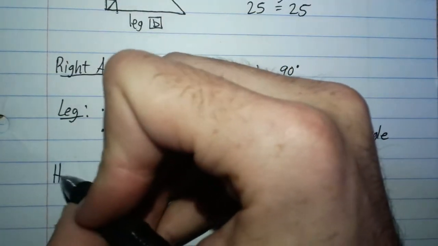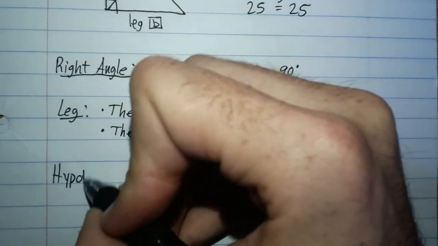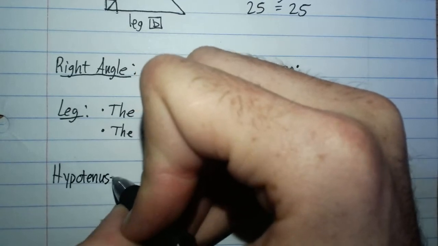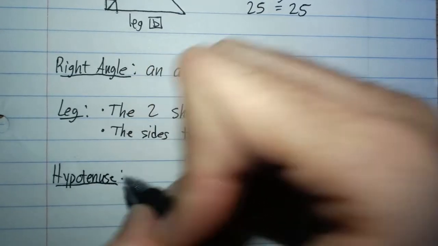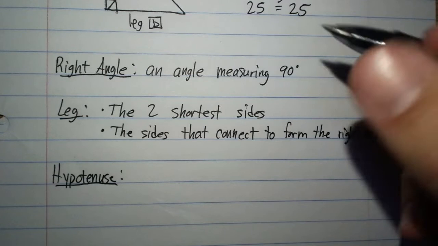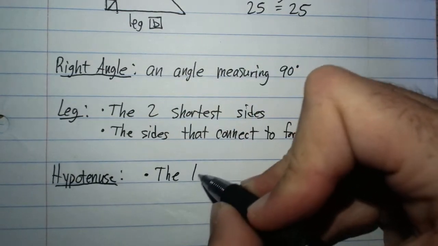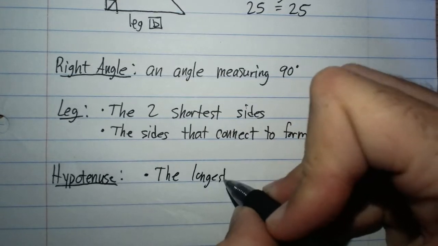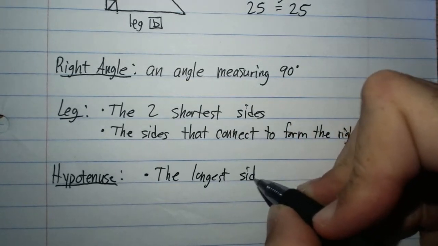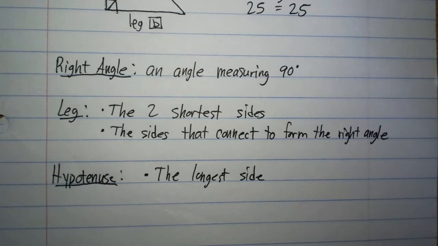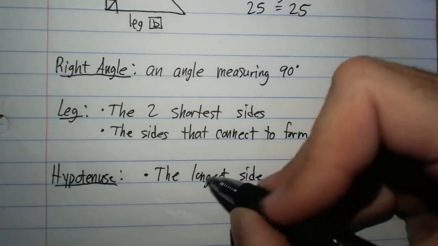Then you have the hypotenuse. The hypotenuse is the longest side, always the longest side. If you have 3 side lengths and they ask you which one's the hypotenuse, it's simple. It's the biggest number.